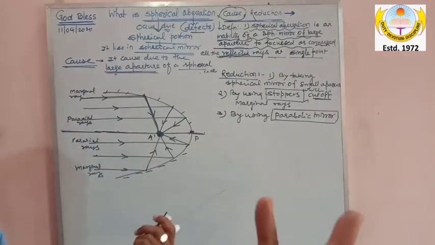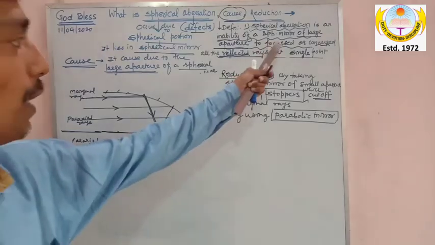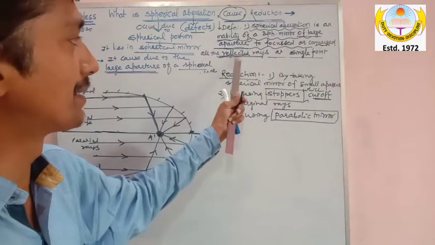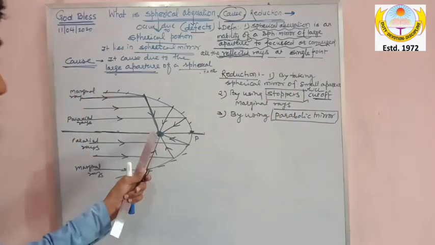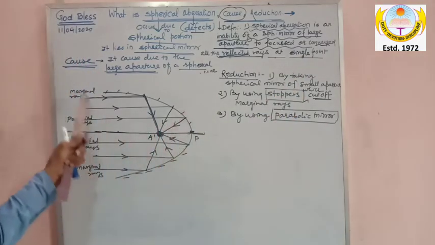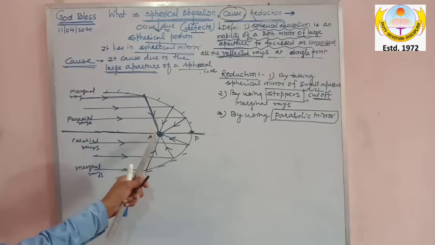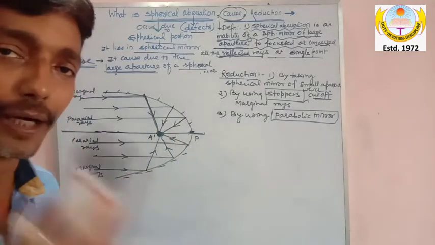There is no spherical aberration now because all the reflected rays converge to a single point. Here is the example, my dear. Even marginal and paraxial rays, both after reflection converge to one single point.